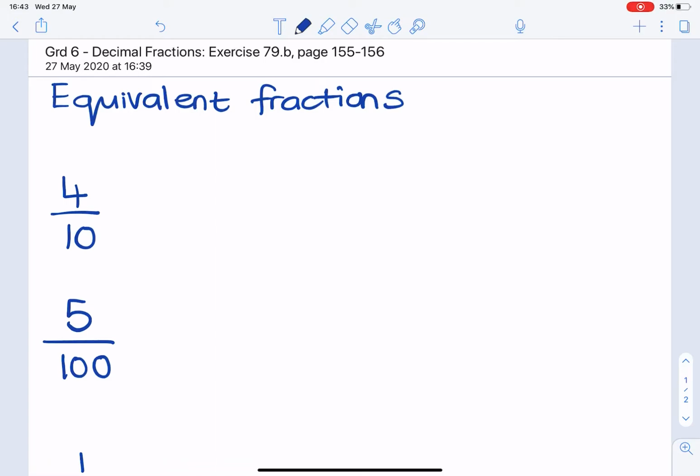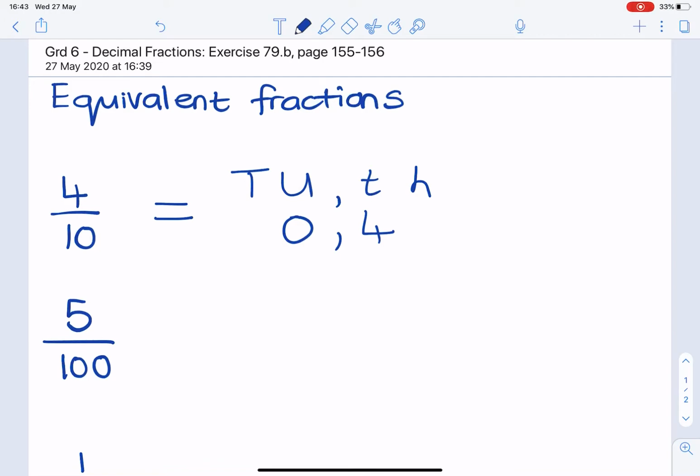Now, we need to write these as decimal fractions. 4/10 is easy to write as a decimal fraction because all we're doing is fitting it into our columns. And 4/10 goes into the tenths column, and we fill our unit space with a 0.